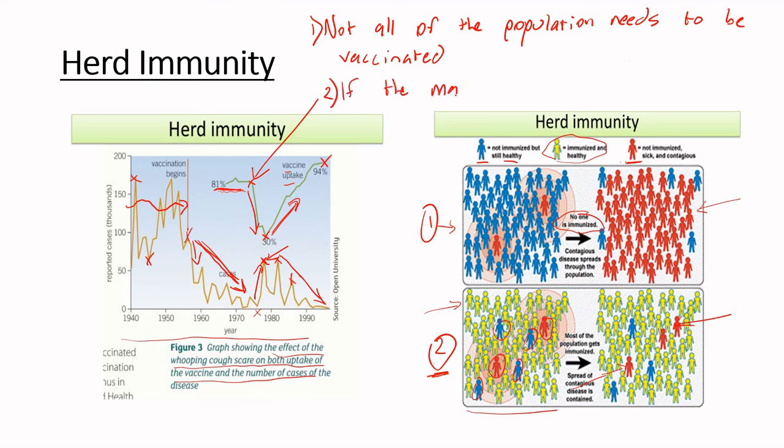If the majority of the population is vaccinated, I'm about to run out of room here, the disease is manageable. And why is it manageable?